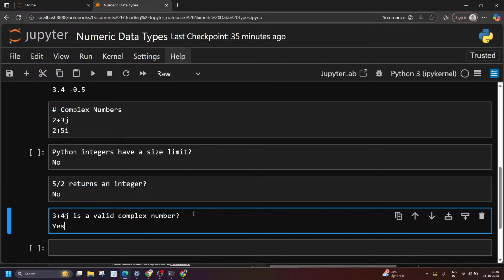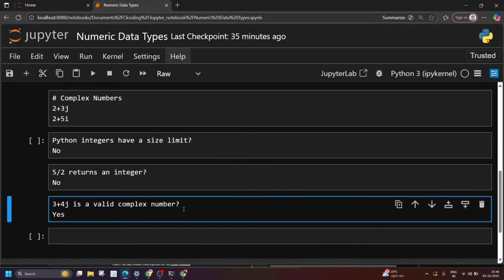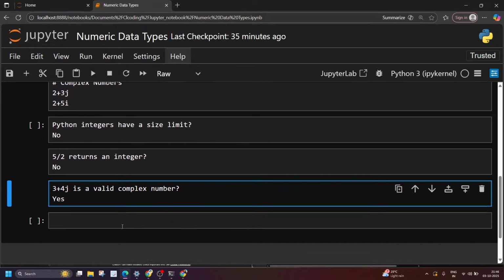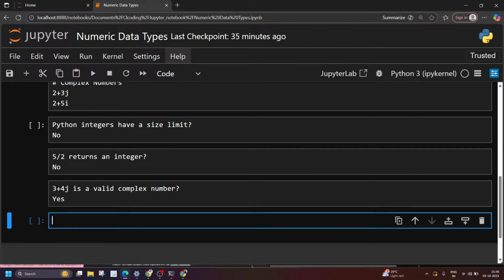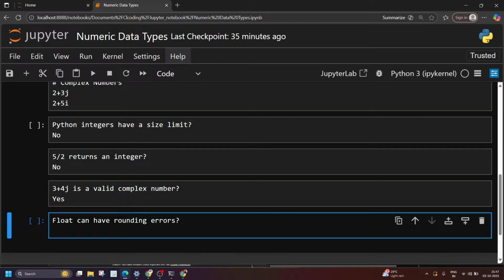Okay, now let's move on to another question. Float can have rounding errors. You have to answer in yes or no in the chat.